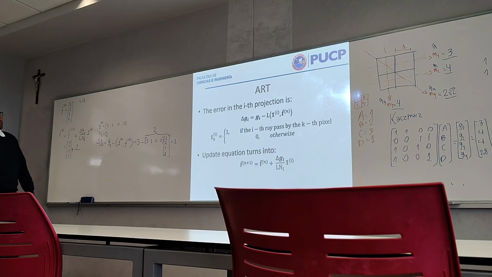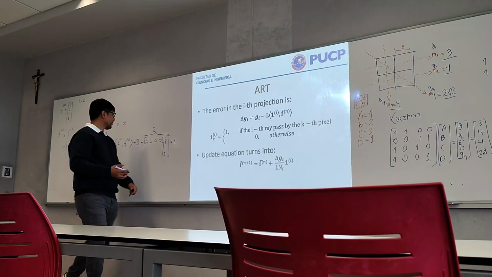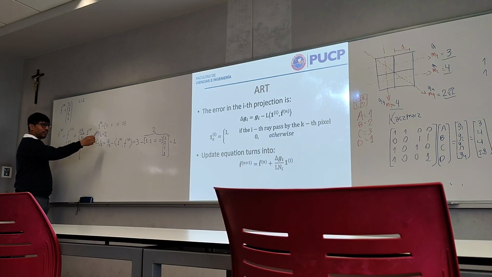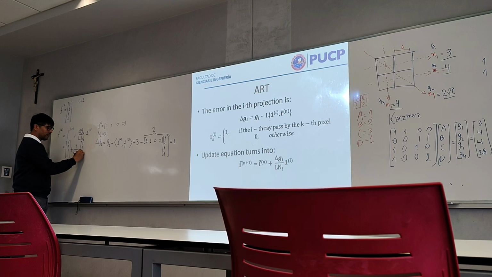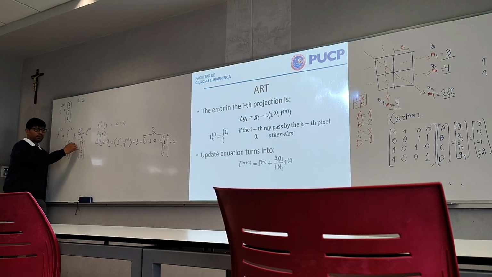I think this symbol corresponds to transpose in this case, so I will write it in column form, just to make sense with the dimensions. L is 1 and N1 is 2. Okay, so this is the first update.